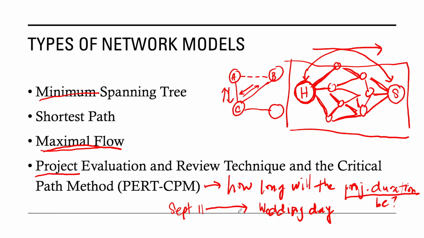And the project duration is exactly how long it will take you to plan your wedding. So between September 11 and your actual wedding day, the duration in between is your project duration. And that is the kind of problem that we will be talking about in PERT CPM.